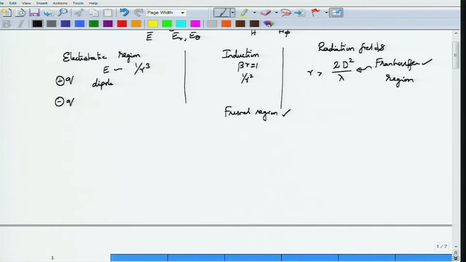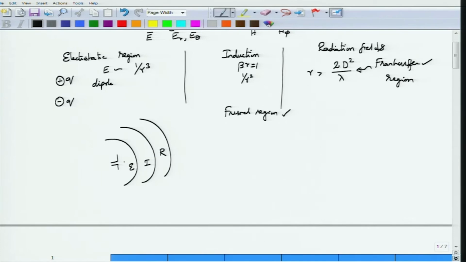There again the idea is that in the Fresnel region there are fields whose characteristics are quite different from the fields at radiation. Again, I would like to emphasize that these straight lines which I have drawn do not actually represent a proper boundary. You do not have an antenna and then say, okay, this is the electrostatic region, this is the inductive region, and this is the radiative region.